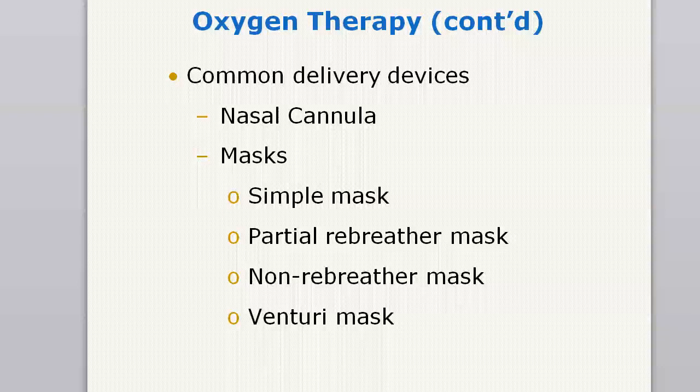If you've ever cared for a patient with COPD, you'll notice that many of them do not tolerate masks because it's just on their face and it feels very claustrophobic for them. The nasal cannula can deliver rates anywhere from 2 to 6 liters and can administer up to 44% oxygen to the patient at 6 liters.